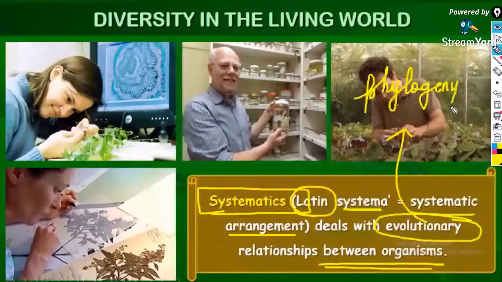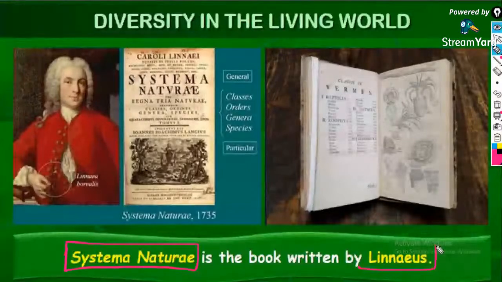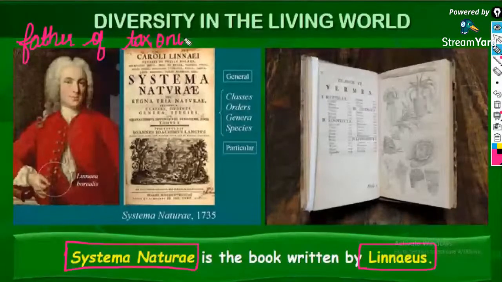Guys, this is a very, very important question. Systema Naturae is a book which is written by Linnaeus. Carolus Linnaeus is known as the father of taxonomy, or else you can call him the father of binomial nomenclature.